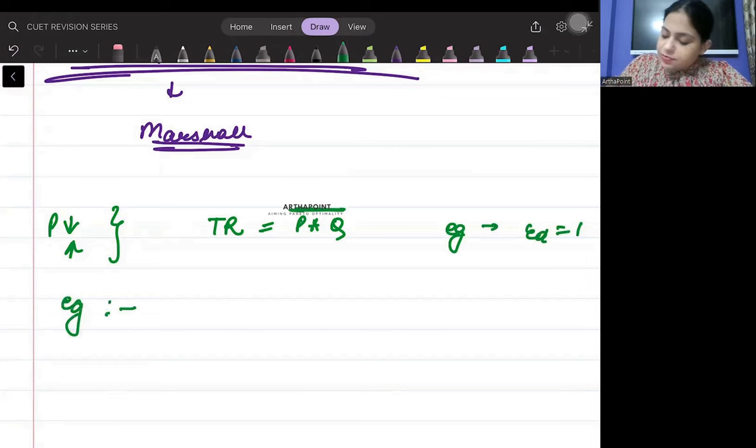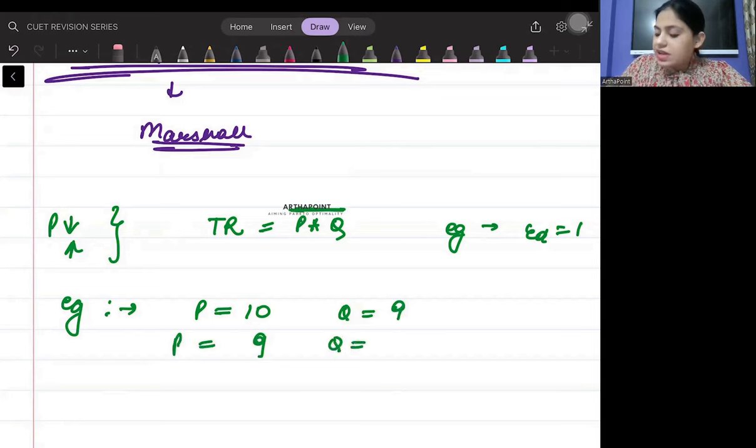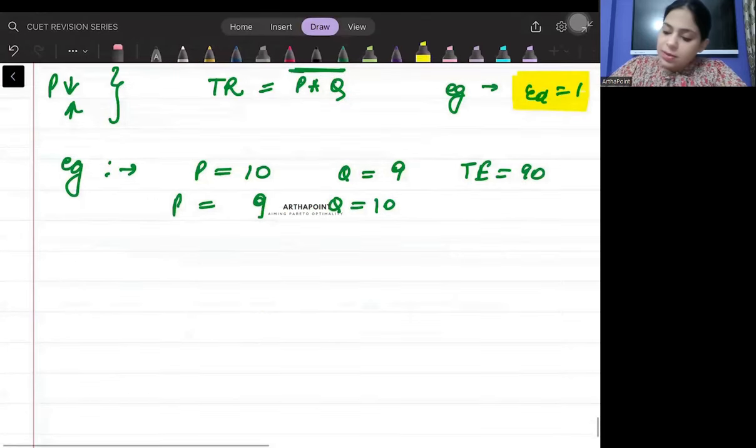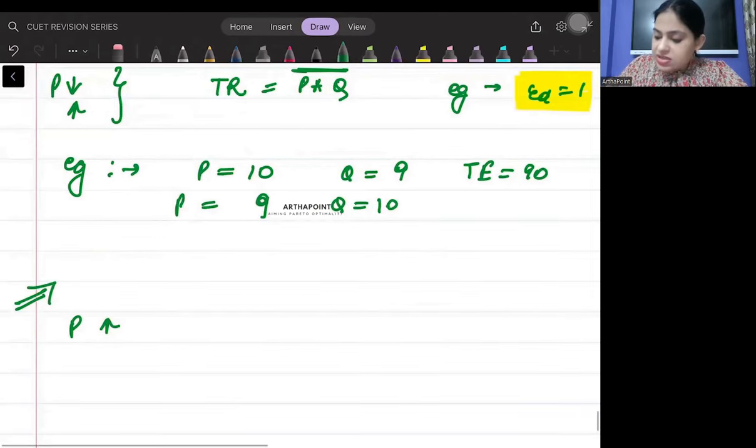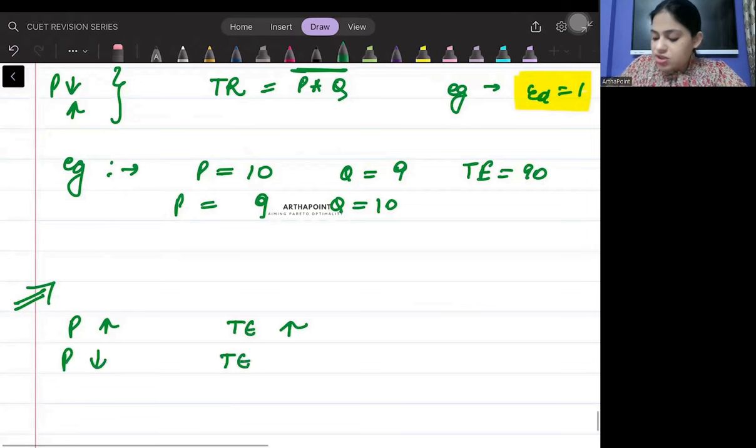Giving you an example, price 10, quantity 9, प्राइस गिर के 9 हुआ और क्वांटिटी 10 पे चली गई, तो टोटल एक्सपेंडिचर इज कांस्टेंट एट 90, टोटल एक्सपेंडिचर इज अनचेंज्ड. देन यू विल हैव द इलास्टिसिटी ऑफ डिमांड एज 1. बेटा सेकंड पार्ट, when price increases total expenditure increases, price decreases total expenditure decreases, they move in the same direction, right?